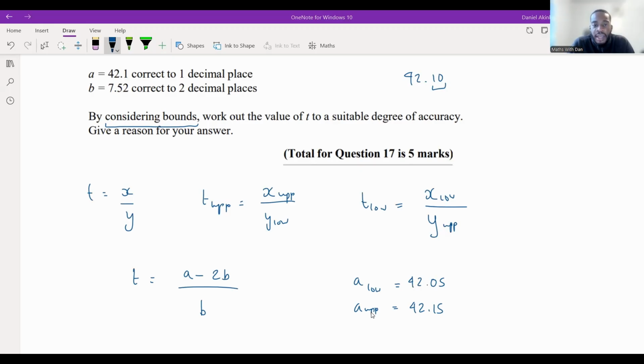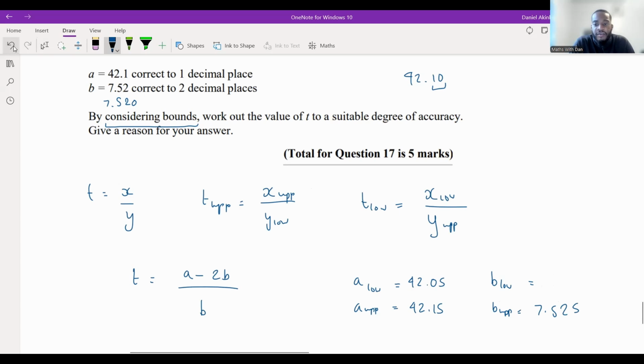Good. And then now, the next one for b is going to be b low, b upper. So from here, again, look at the number after the decimal place. It's 520 if I put a zero there. Add and take five from that. If I add five, it's going to be 7.525. If I take five, it's going to be 515, isn't it?